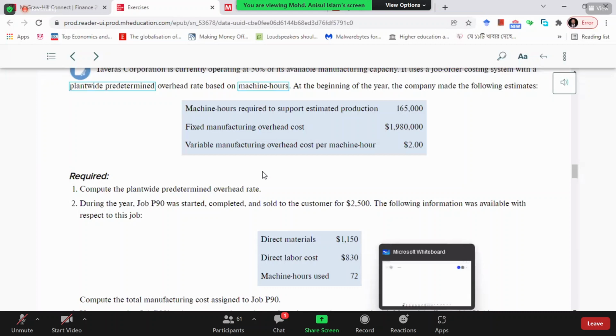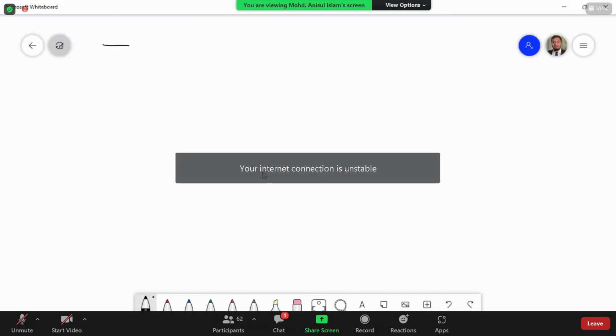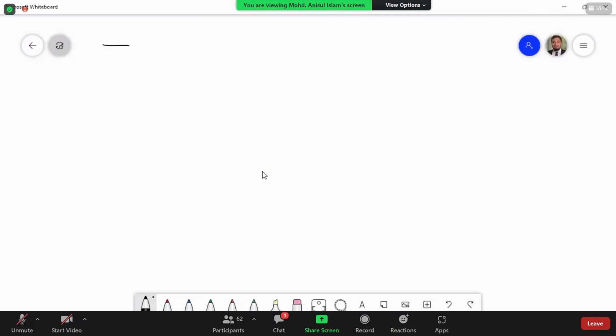Let's open the whiteboard. For solving a problem, I will assume that you are following the problem from your text. So for the plant-wide overhead rate, if you have not forgotten what we learned in the previous class, you can recall how we get the predetermined overhead cost.